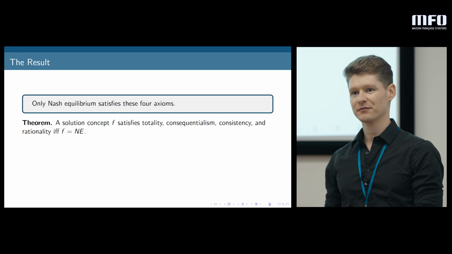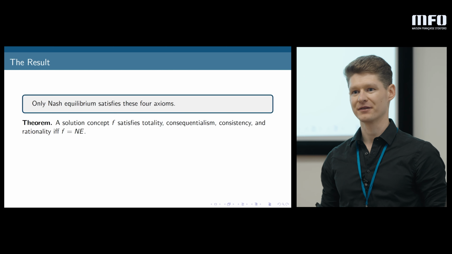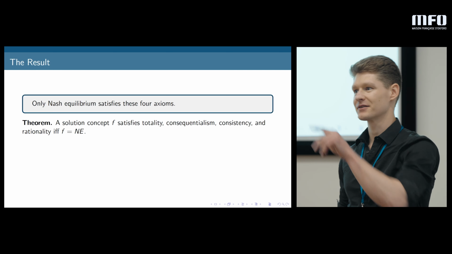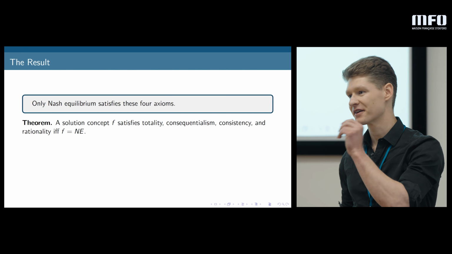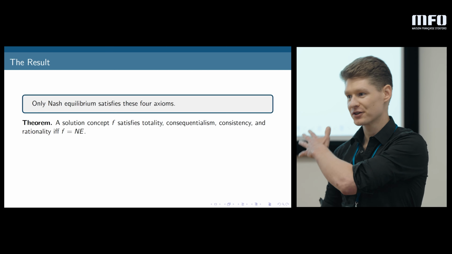We fix the number of players and talk about games on different sets of actions. So it's a bit orthogonal in that sense. How we prove it? I'll show it next.